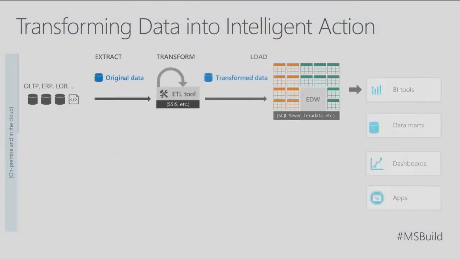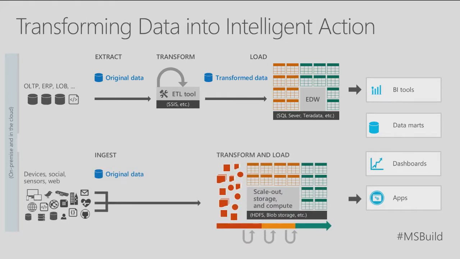The next piece that we're going to share is, I have data sitting in some data store, and in order for me to build the intelligent application, how can I transform all this data into an intelligent action that your users can use in your application? We look at two different models.